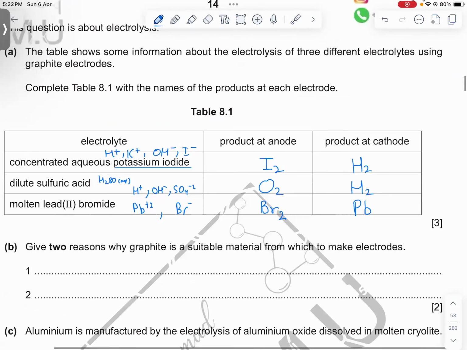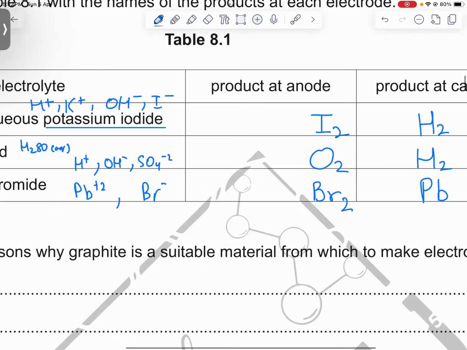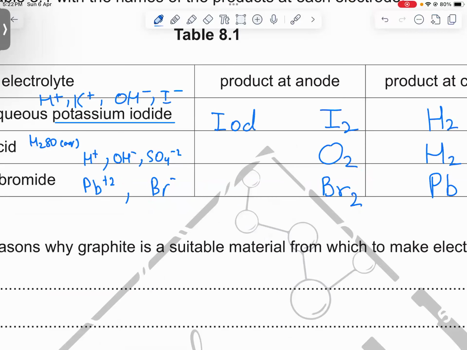It also says write the names of the products, not the formula. So we might as well just write their names as well. So the first name is iodine, oxygen, bromine.